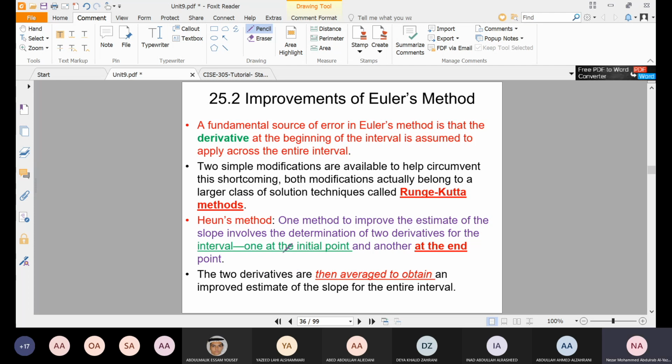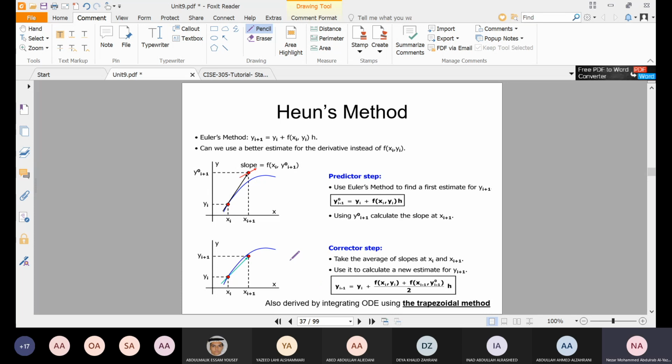We have the first derivative at the beginning and one at the end. After that, we take the average of them to obtain an improved estimate of the slope for the entire interval. So this is Heun's method. As you can see here, this method can be used to provide a better estimation of the derivative.